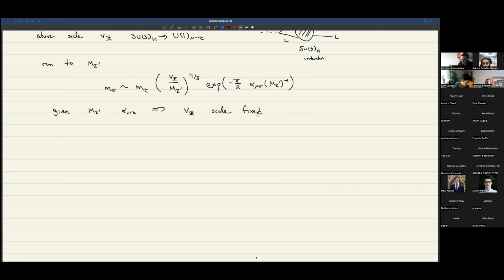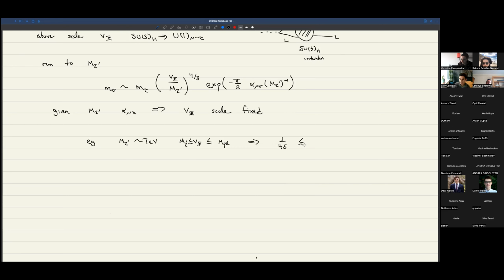And because of the exponential scale, it's most interesting if everything is sort of low scale. So, for instance, if m Z prime is a TeV, then if you want V phi to be between m Z prime and the Planck mass, then the gauge field can't be too weakly coupled even.